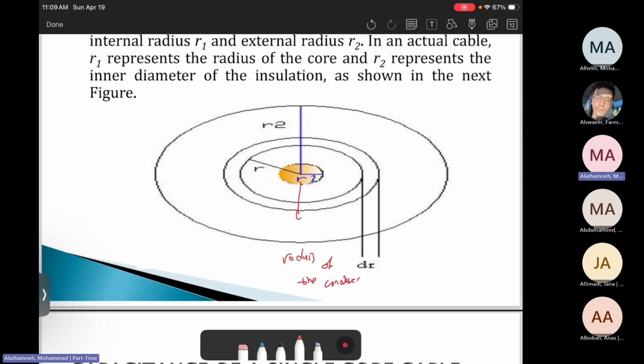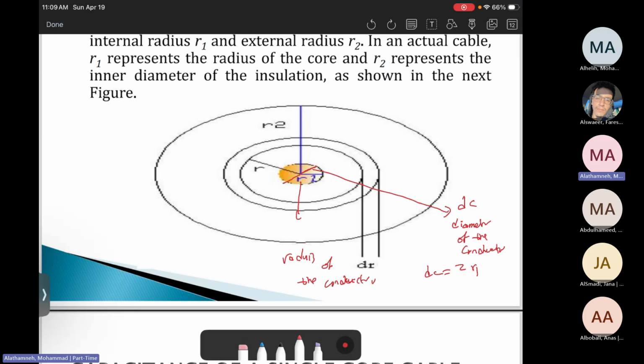Now, how about the diameter? This is the conductor DC, the diameter of the conductor, which equals 2 times R1. DC equals 2 times R1.